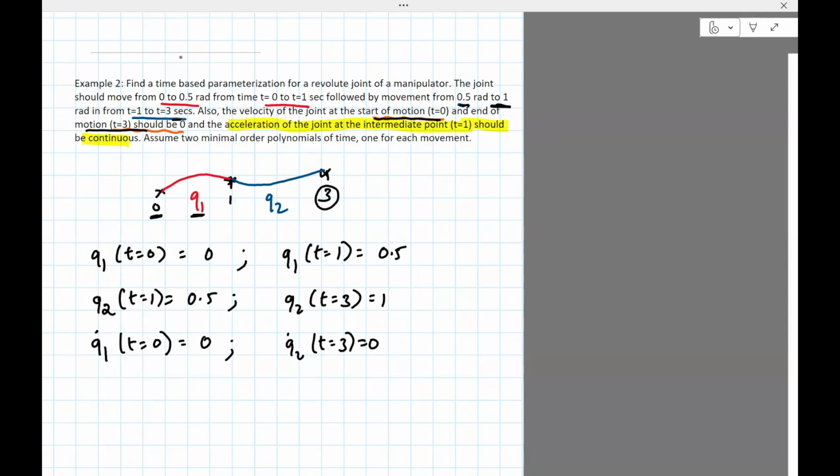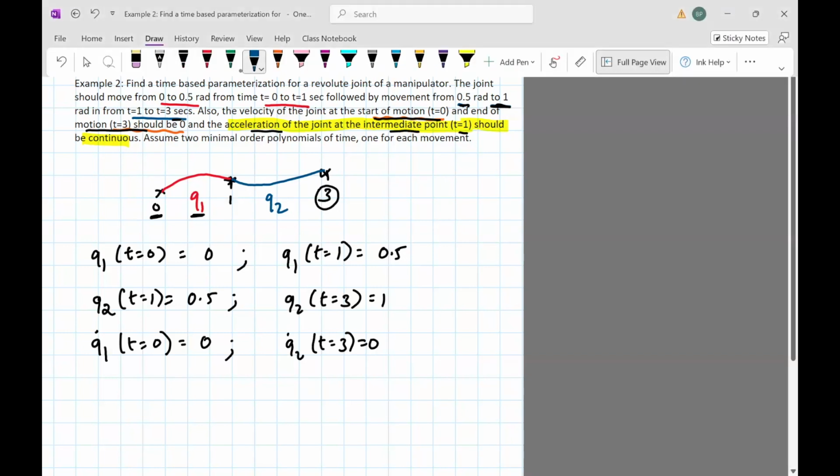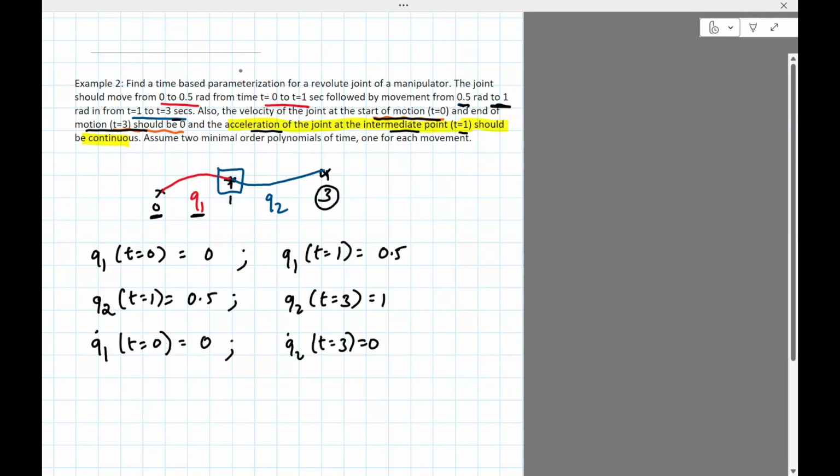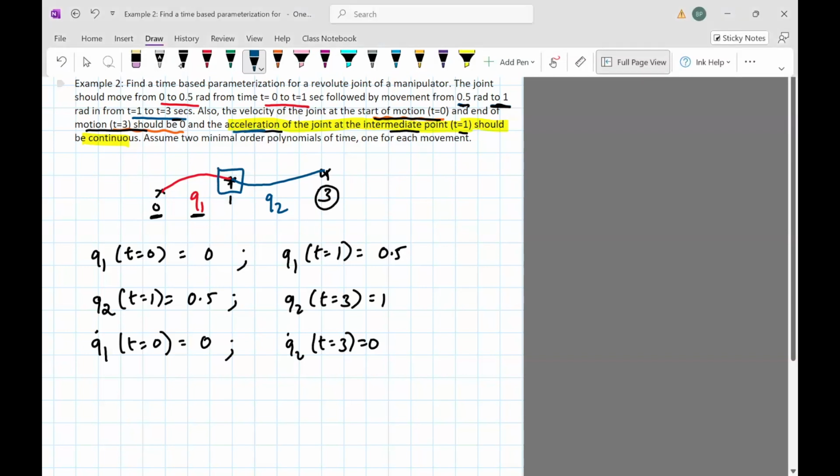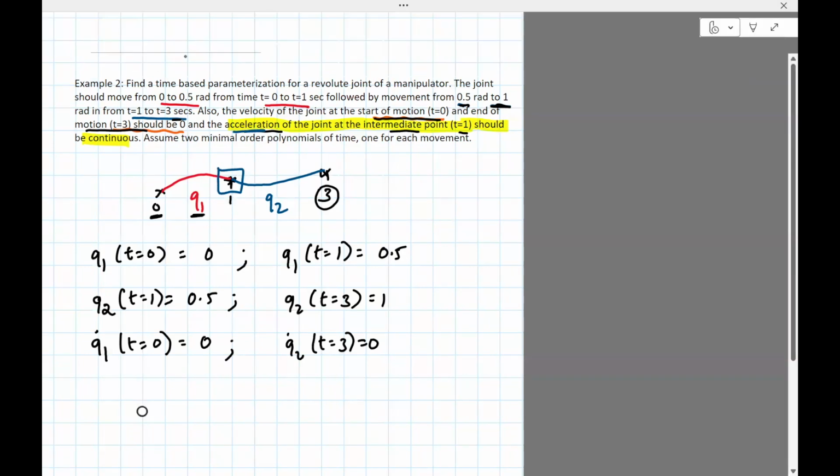Now, we also have acceleration of the joint at the intermediate point at t equals 1. So if you look at this point here, we want to ensure that the acceleration is continuous. So that condition is that q1 double dot at t equals 1, so acceleration at the end, should be the same as the acceleration we obtained using q2.